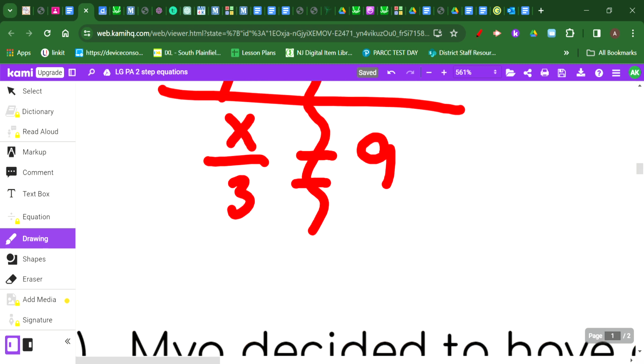The opposite or inverse operation of this would be to multiply by 3. When you multiply by 3, on this side it's like saying 3x divided by 3, so you'll end up with 1x. And then you have 9 times 3 here, which gets you 27.